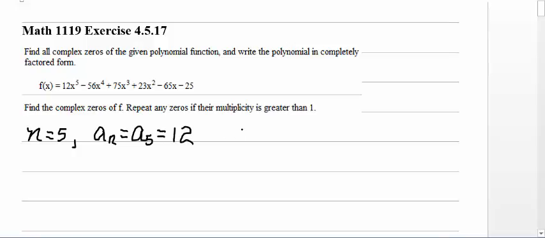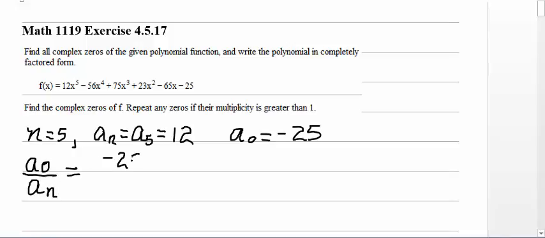N is 5, so a sub n is a sub 5. That's the coefficient of x to the 5th. That's 12. My constant a sub 0 is negative 25. A sub 0 over a sub n is negative 25 over 12. That cannot be reduced.